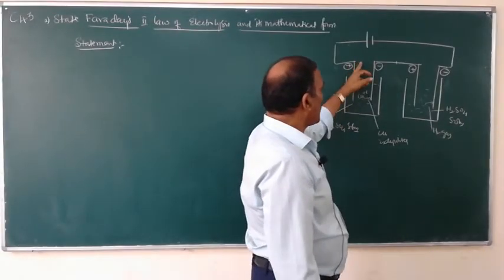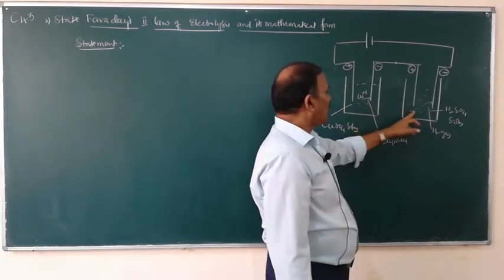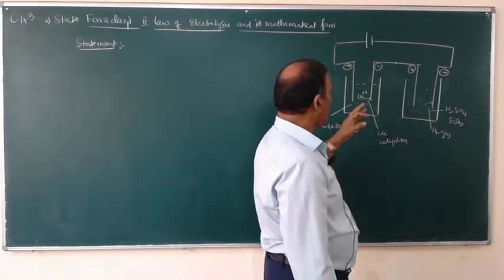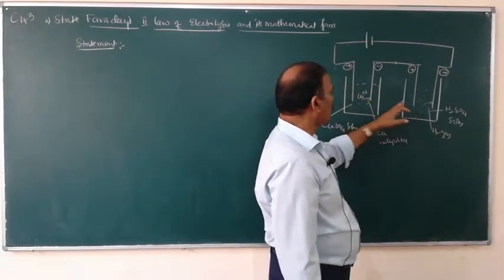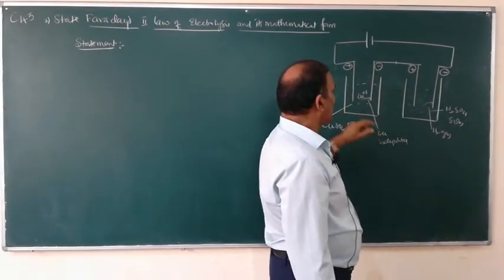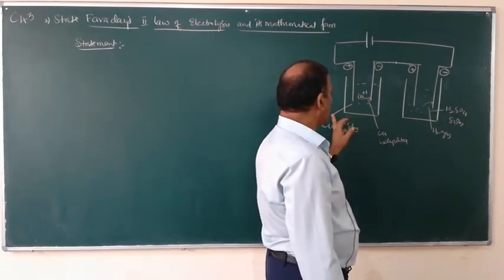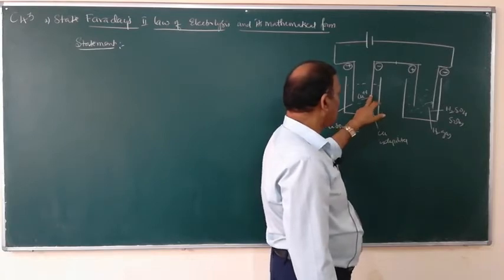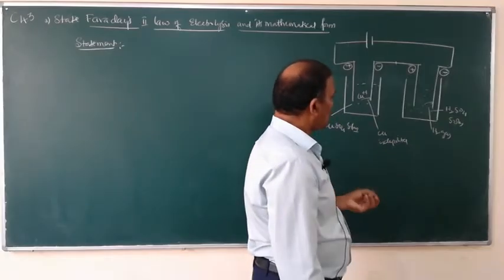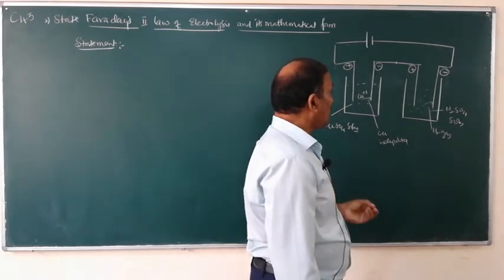When the same quantity of electricity is passed through solutions of different electrolytes connected in series, the mass of the substance deposited or liberated at the respective electrodes is directly proportional to their equivalent mass.